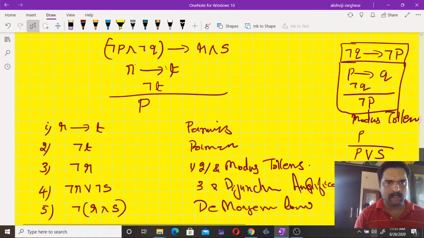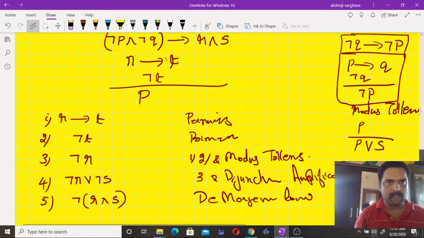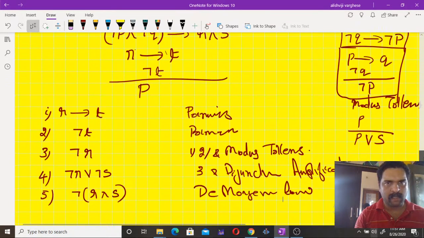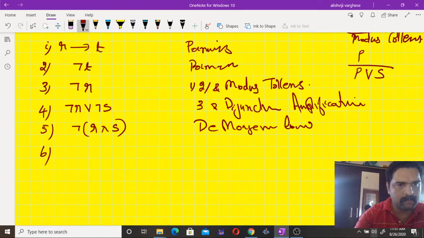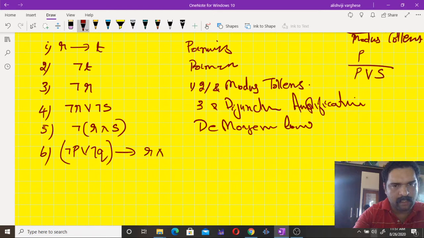Now look at our first premise. It is negation P and negation Q implies R and S. So that is our next step. We have the premise negation P or negation Q implies R and S. So that's again our premise.